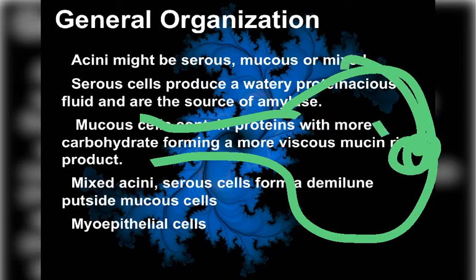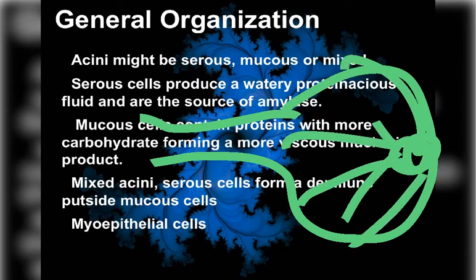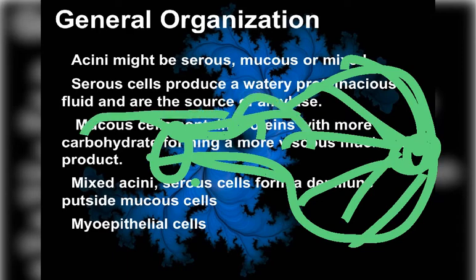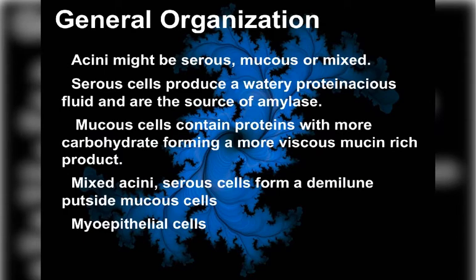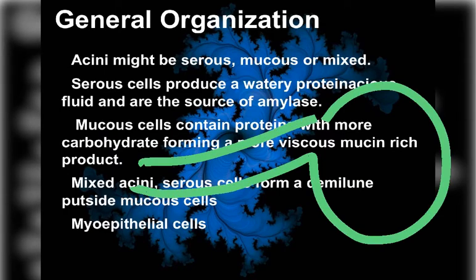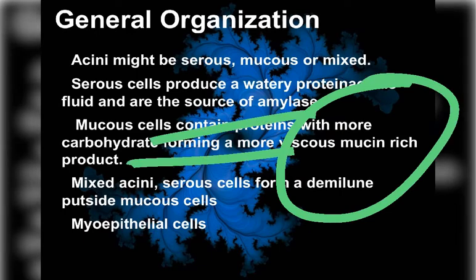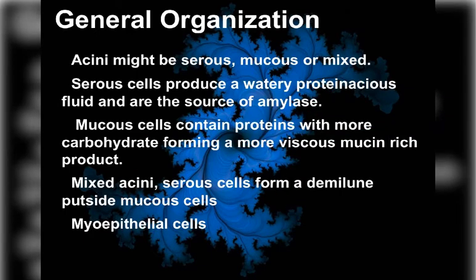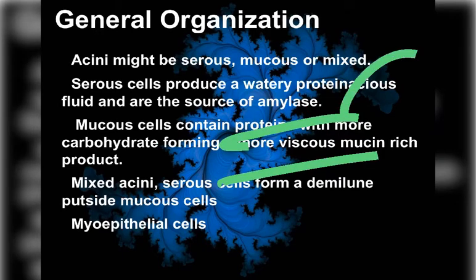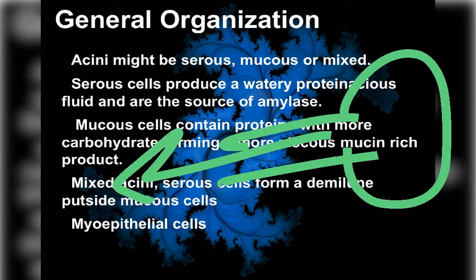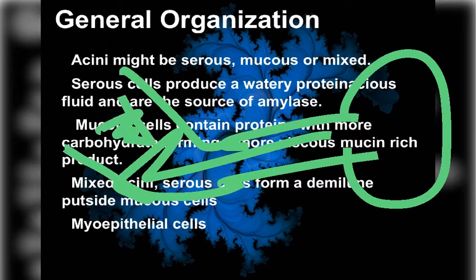When these cells contract, they push the secretions from the secretory end piece toward the intercalated duct, and from the intercalated duct toward the larger duct, which is the striated duct.